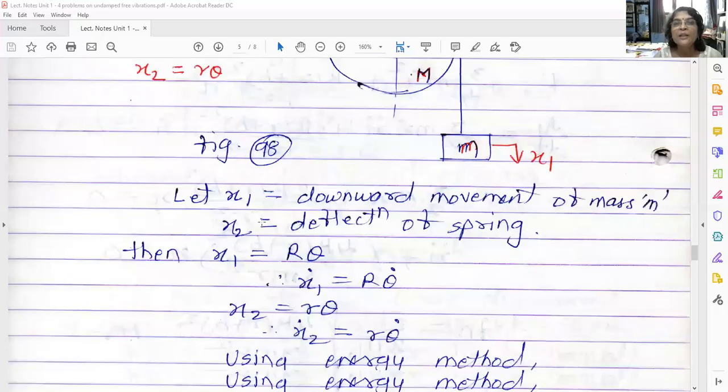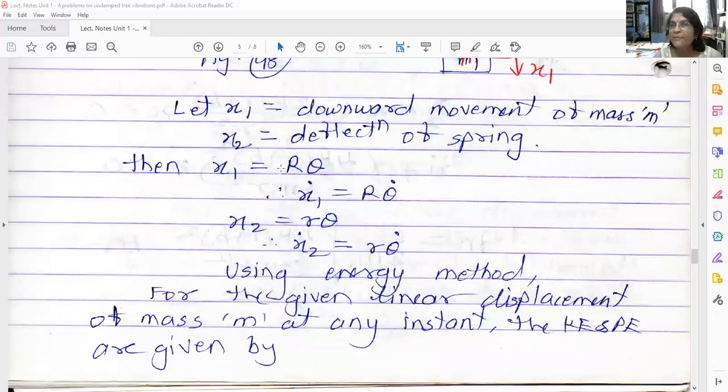So now as x1 is equal to capital R theta, differentiating, what you will get? x1 dot is equal to R theta dot. R is constant, which is radius. So x1 dot is equal to R into theta dot. Okay. Similarly, x2 is equal to r theta. r is constant. So what is x2 dot? Differentiating, we will be getting x2 dot is equal to r into theta dot. Okay.